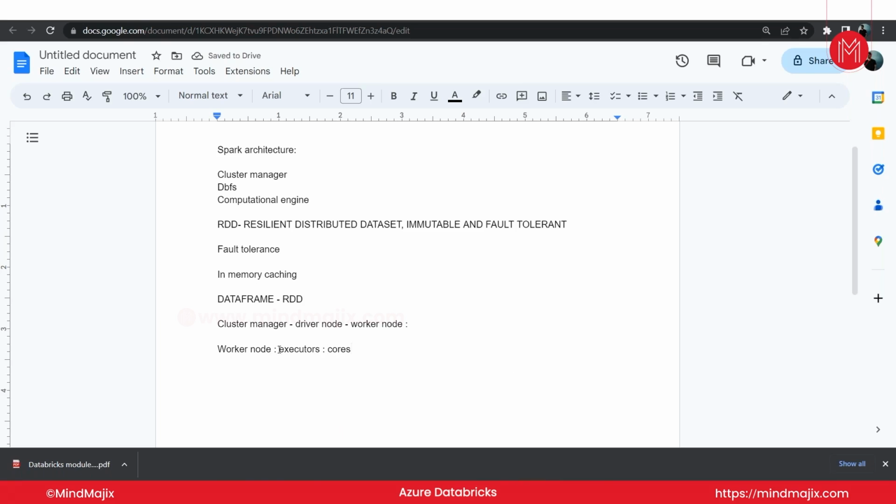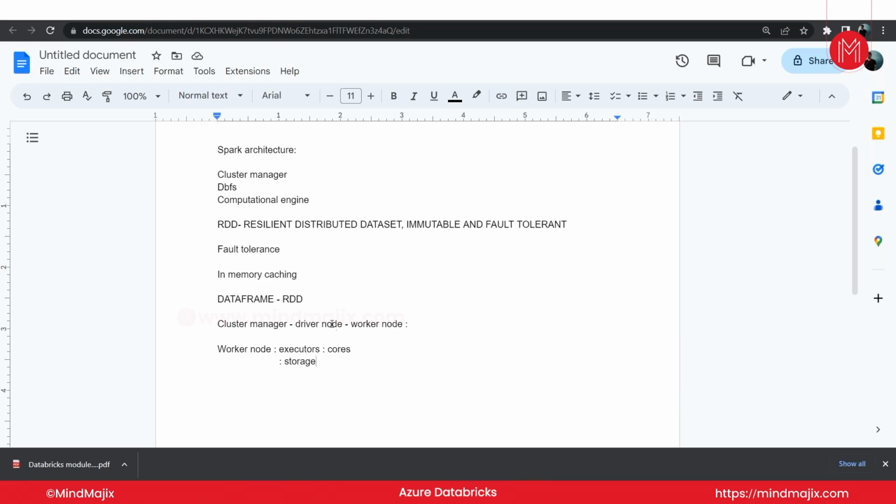Each worker node will have some amount of storage associated with it, and the RDD goes inside this storage. So when we fire a query, it goes into the cluster manager. The cluster manager manages how many worker nodes should be associated with it, and then it gives the query to the driver node.